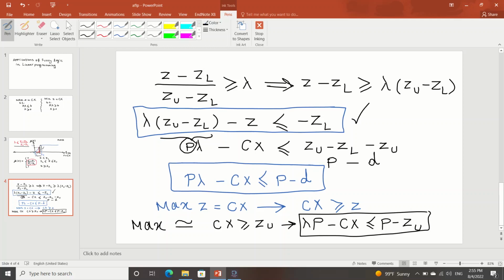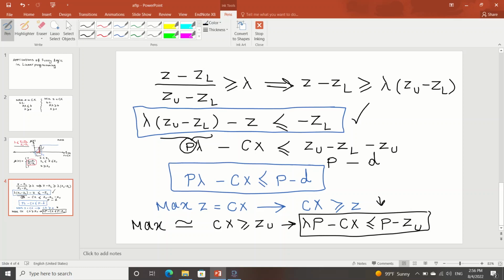In this inequality, you can see Cx is greater than ZU, so you can convert this to another form by multiplication by negative, and negative Cx is less than negative ZU.